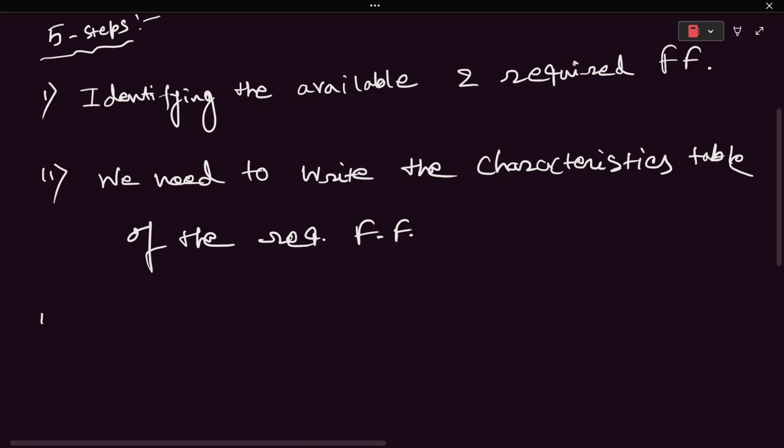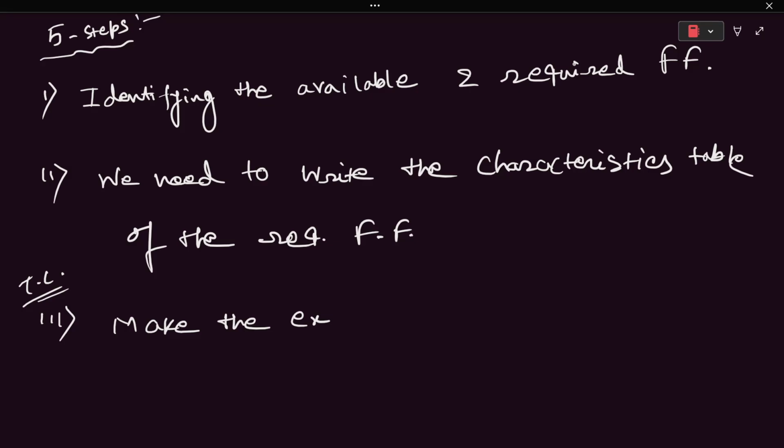The next step is the main and very important one, so please take care at that stage. Here we must make the excitation table for the available flip-flop.